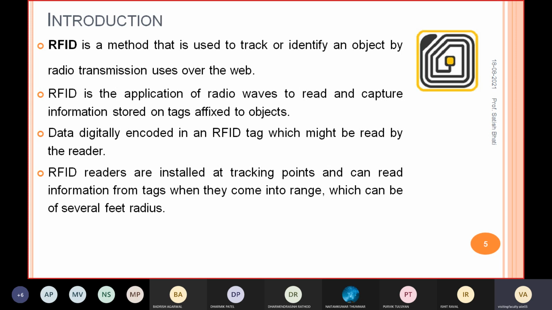When and only when the item on which the tag is attached comes in the range of the reader, right? Generally this range is some feet. So when your object comes in that range, your reader can easily read the information inside the tag, right?